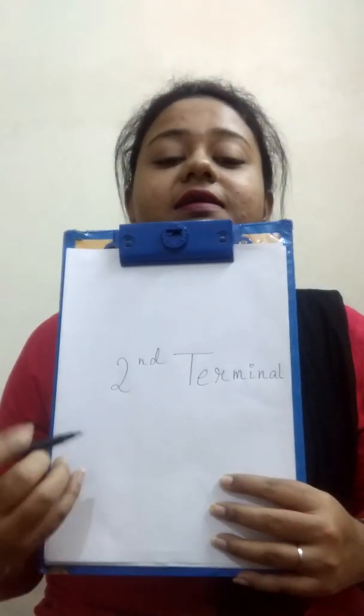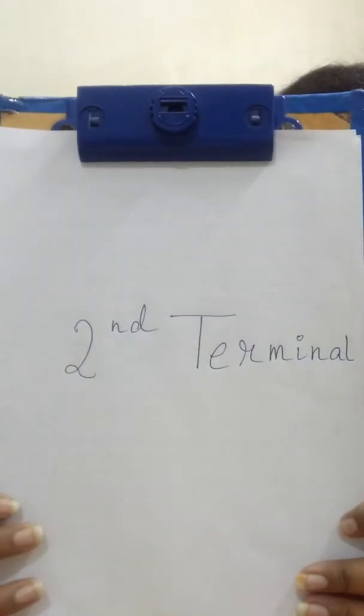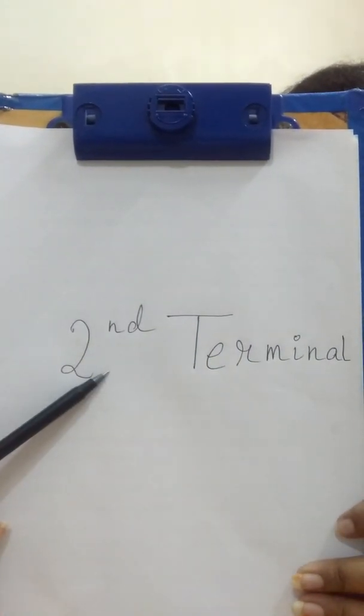You will write second terminal like this on the page. Then from the next page you will start writing the topic which I'll give. Now in this video I will explain the classwork which you will do, and in the Google Classroom you will get the PDF file.